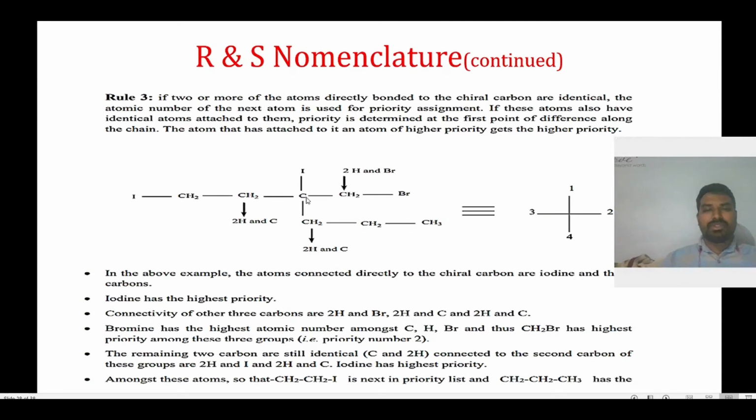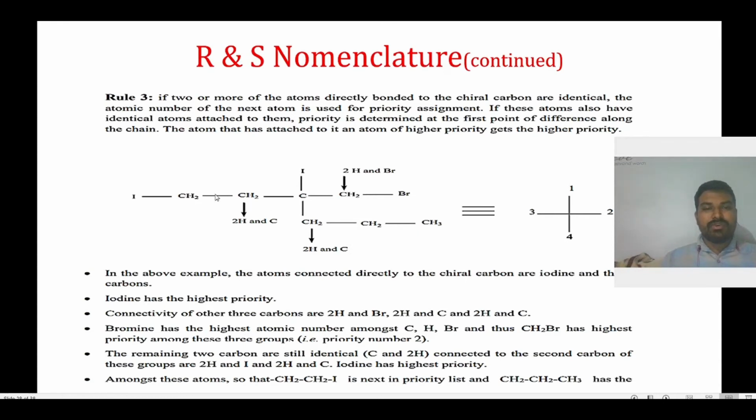Okay, now see what this means. Here it is attached to CH2 and CH2, and here are 2 hydrogens, here are 2 hydrogens, and here are also 2 hydrogens, but this one is attached to Br, the highest group, so it will be given second priority, and it is attached to carbon. But here also it is attached to carbon.